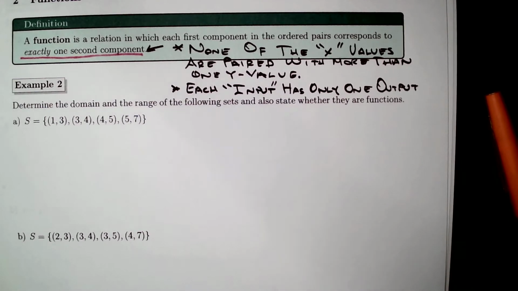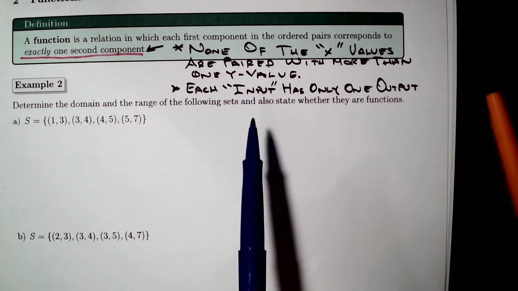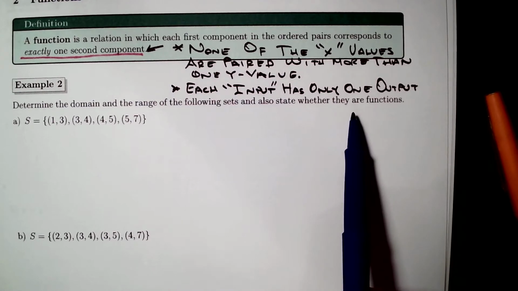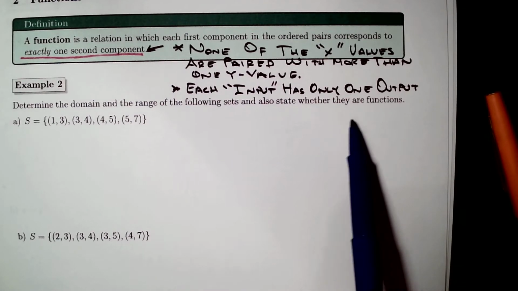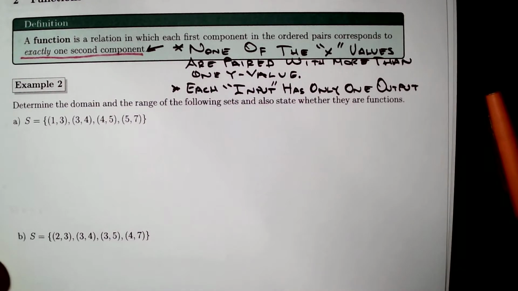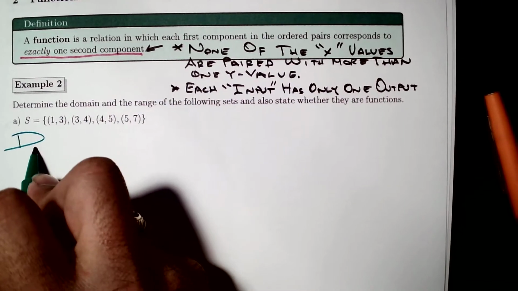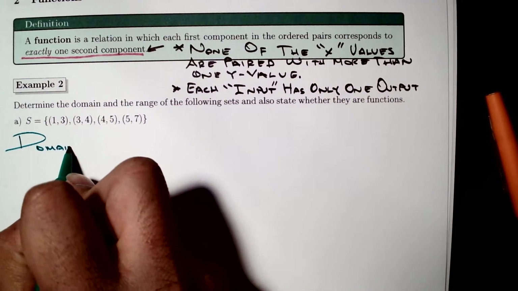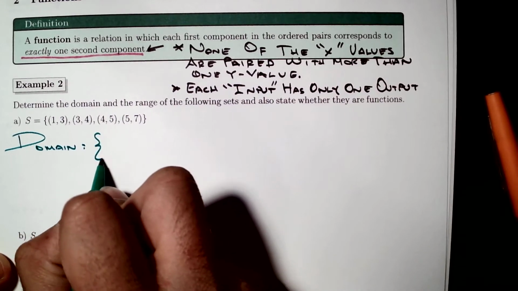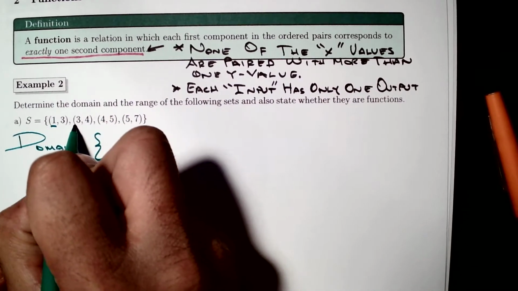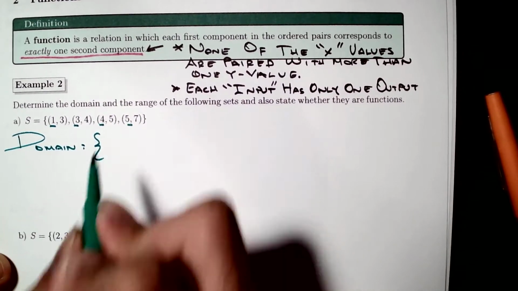Okay. All right, so let's see. Determine the domain and range of the following sets, and also, most importantly, determine whether they are functions or not. I'm going to use green for domain again, and with the same color, I'm going to highlight the elements in the domain, that is the x values.